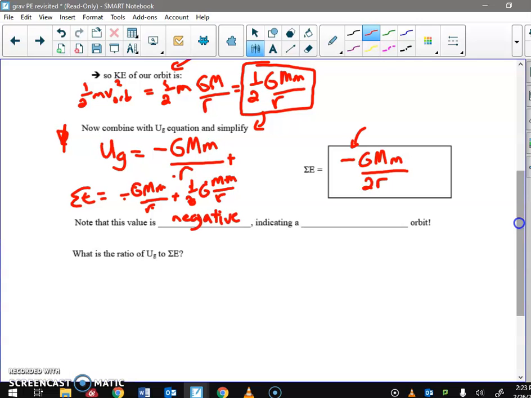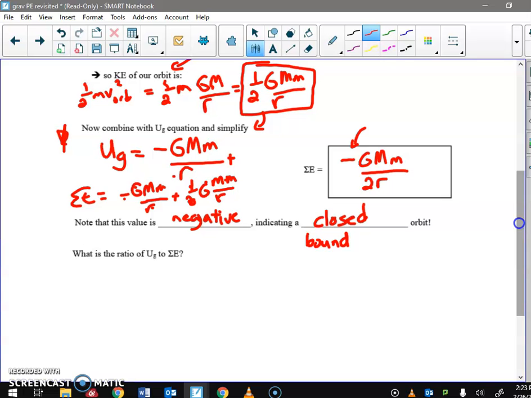What does a negative total energy mean? It indicates that we have a stable orbit. Okay, I'm sorry, a closed orbit. In other words, it's bound. The planet is bound to it. It can't escape because its energy is negative.